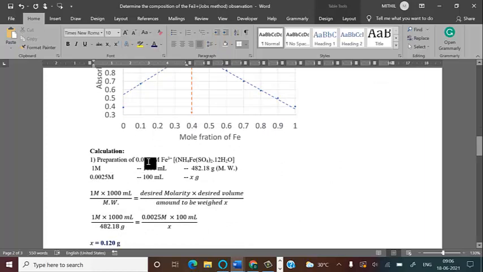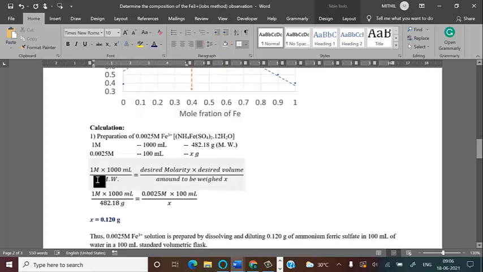First we need to prepare iron solutions. For the iron salt we have used ferric ammonium sulfate, also known as ammonium ferric sulfate dodecahydrate. With this formula we were able to estimate how much ammonium ferric sulfate to weigh.